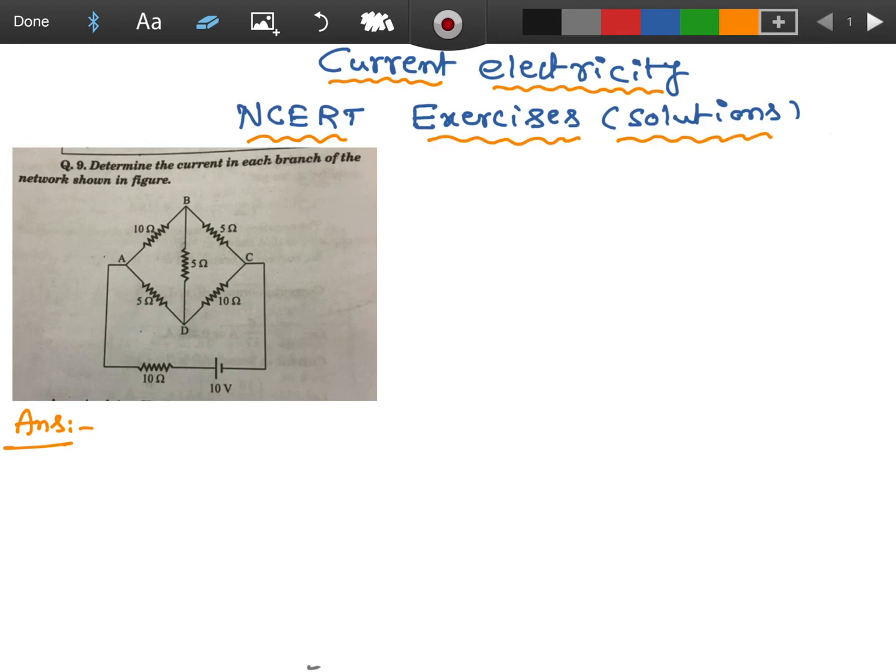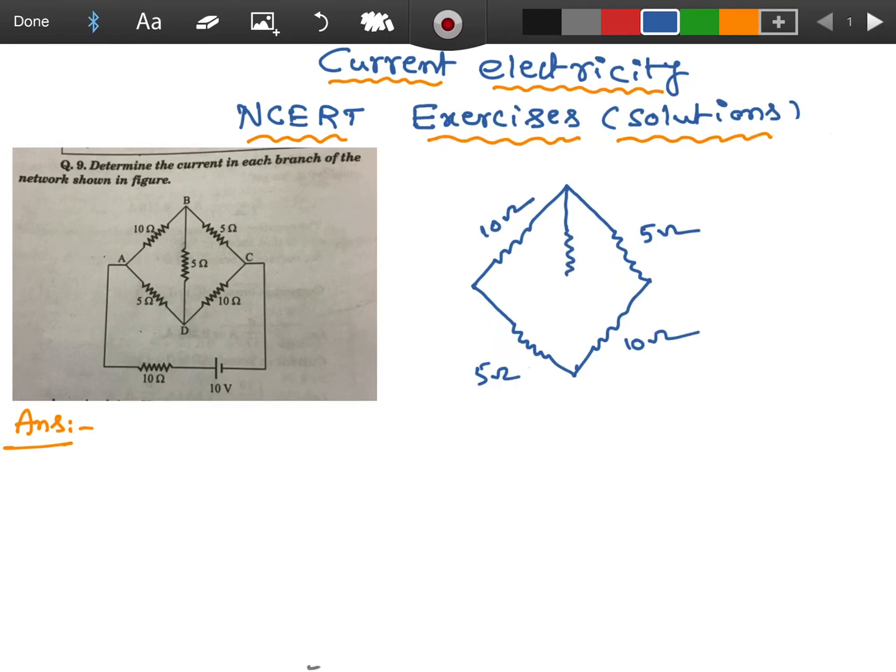Let me draw the diagram. Here 10 ohm. This is 5 ohm. Again this is 5 ohm. This is 10 ohm.